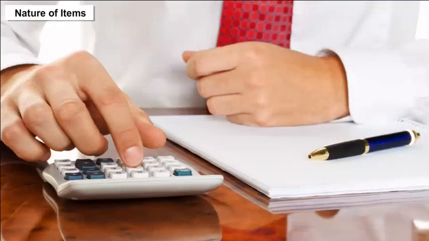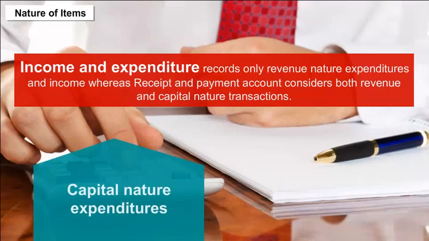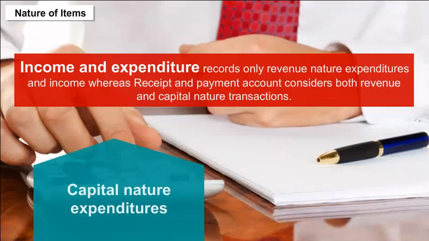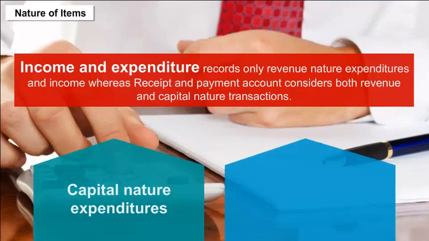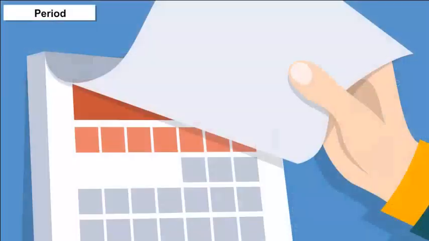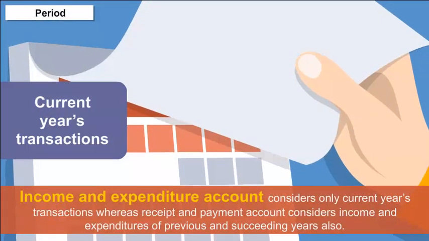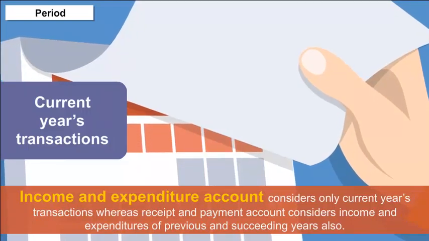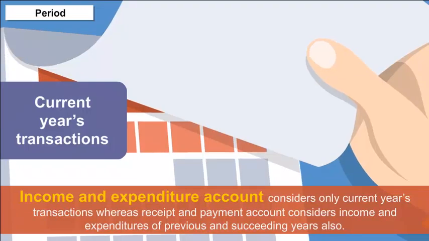Nature of items. Income and expenditure records only revenue nature expenditures and income, whereas receipt and payment account considers both revenue and capital nature transactions.